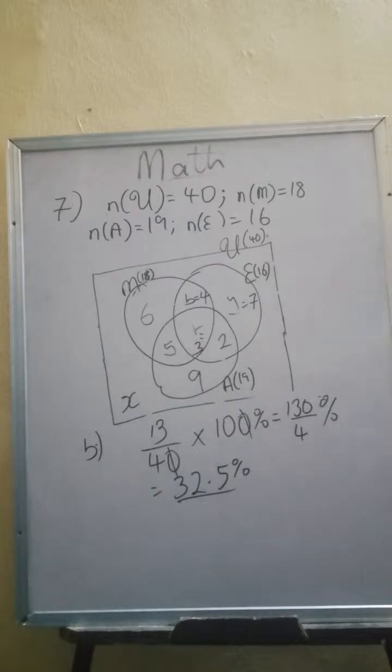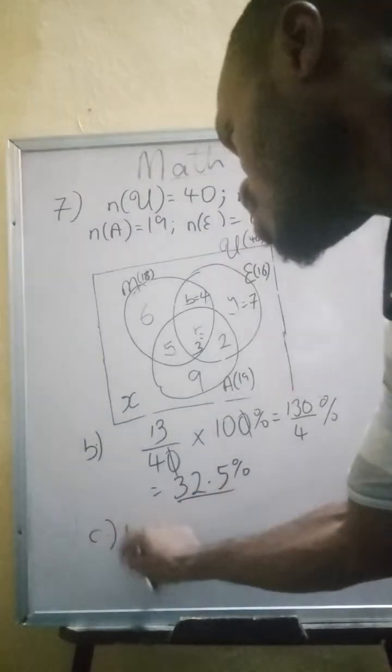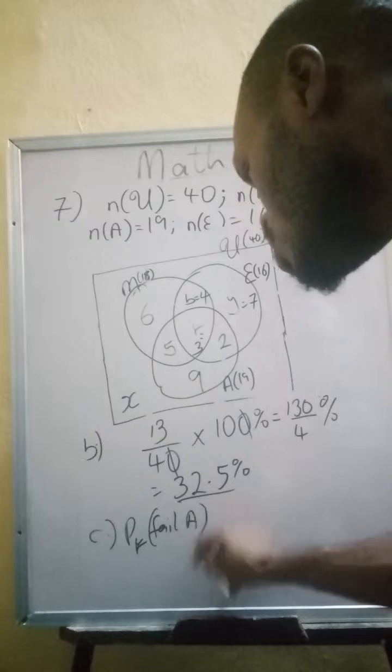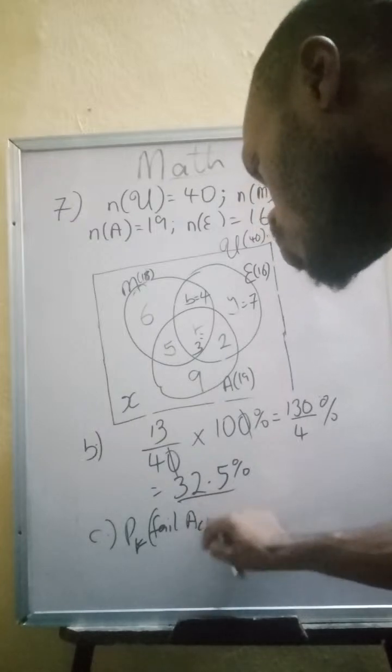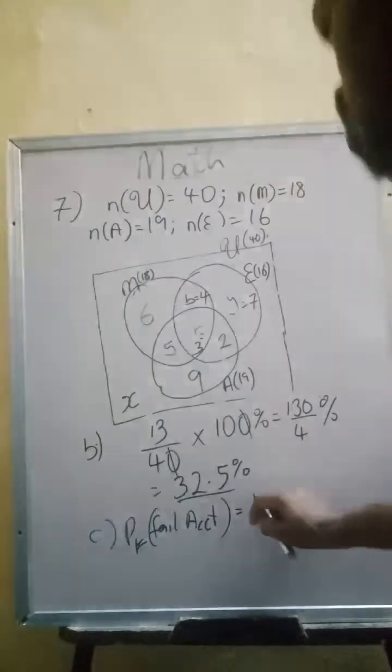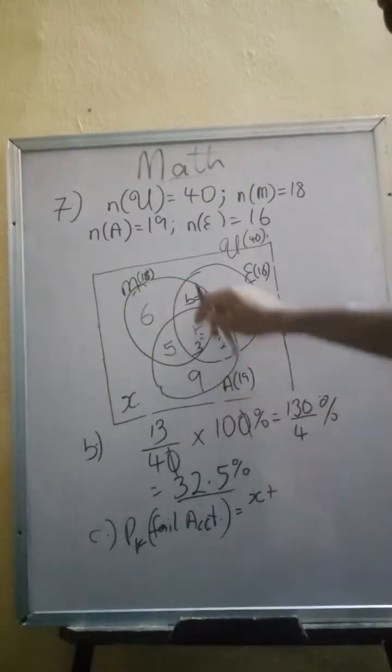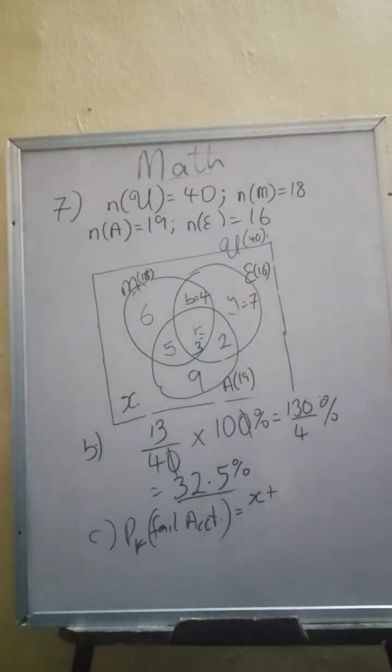Then the last, it says calculate the probability that the student chosen at random failed in accounts. So the probability that the student failed accounts is going to be x plus 6 plus 4 plus 7, and x happens to be 4.